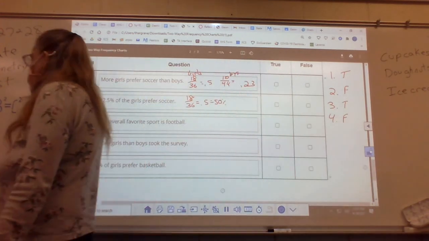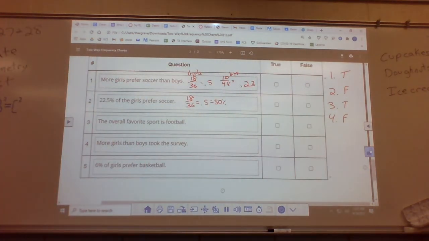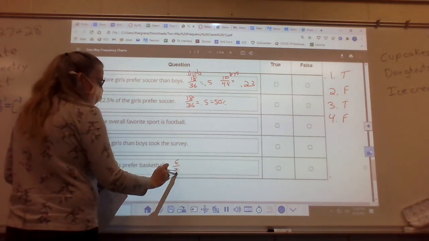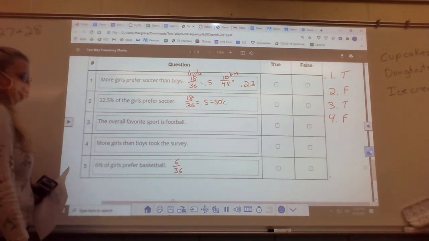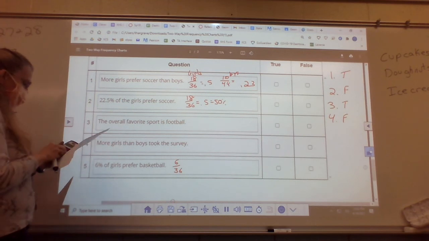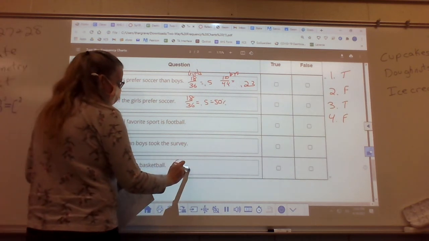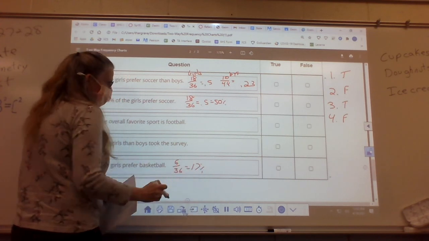Next one was a little bit tricky. 6% of the girls preferred basketball. False. They did have a 6 there, but the 6 was just a number. So it's basically 6 of the 36 girls preferred basketball, which would have been 6 out of 36, which should have been 17%, not 6%.